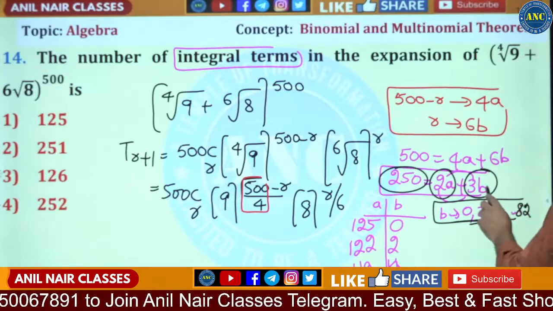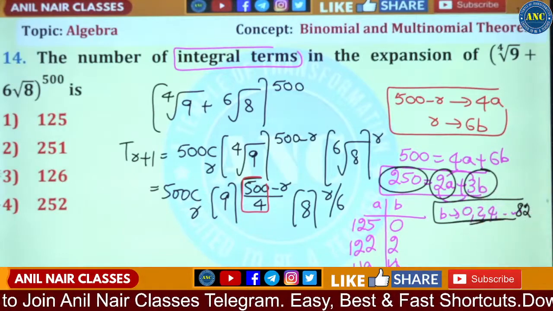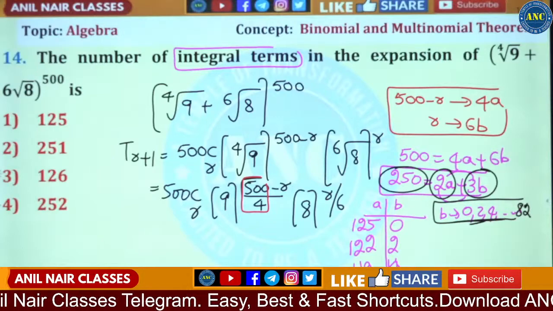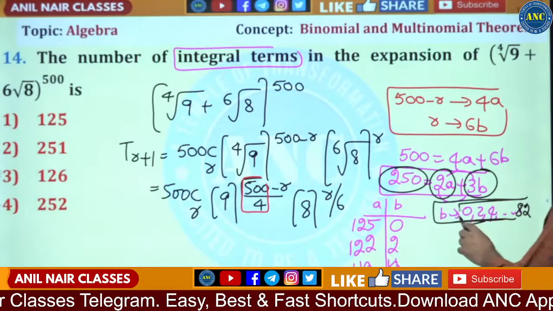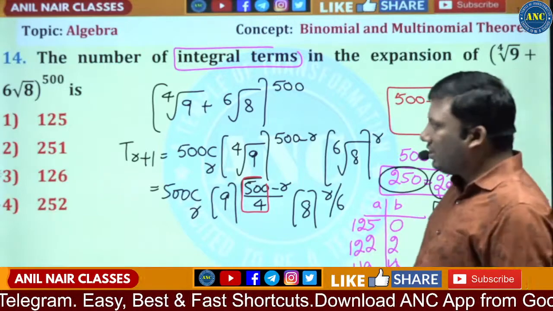If I take 82, 82 3s are 246. 250 minus 246 is 4, so a will get 2. So b can take values from 0 to 82.